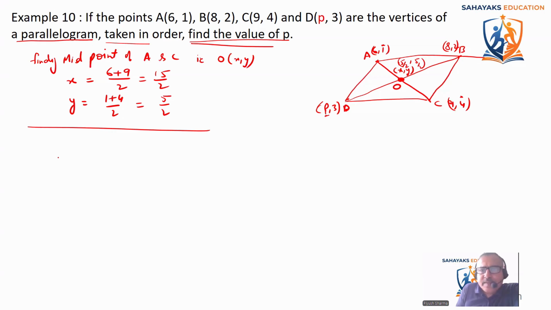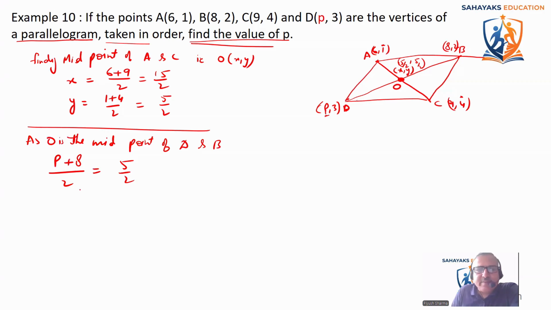We'll say P plus 8 divided by 2 should be equal to 15 by 2, isn't it? Because O is also the midpoint of D and B. So as O is the midpoint of D and B, we can say P plus 8 divided by 2 is equal to 15 by 2. So 2 will cancel out with 2. So P comes out to be 7. So you got the value of P.